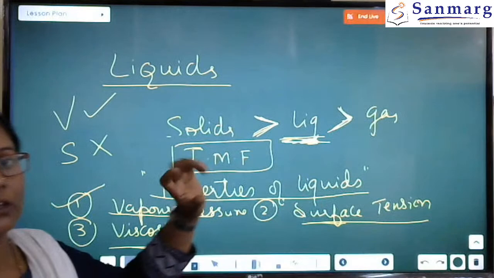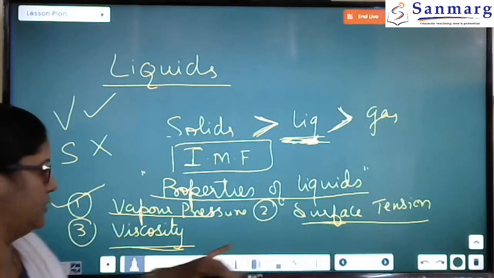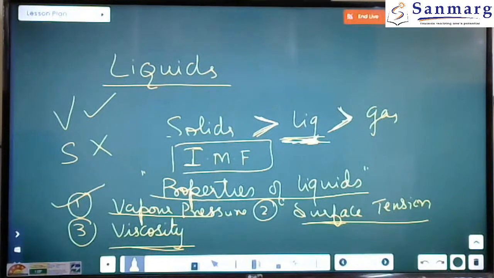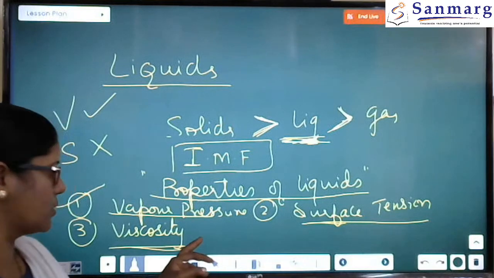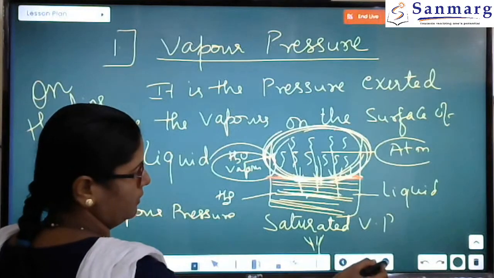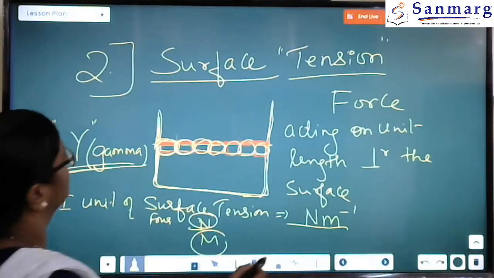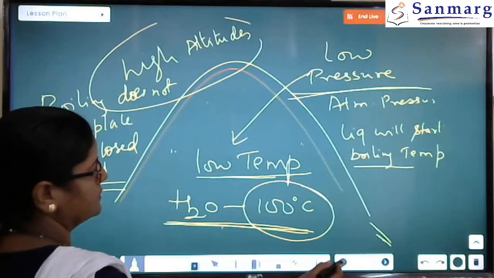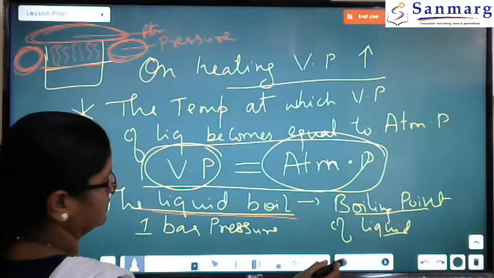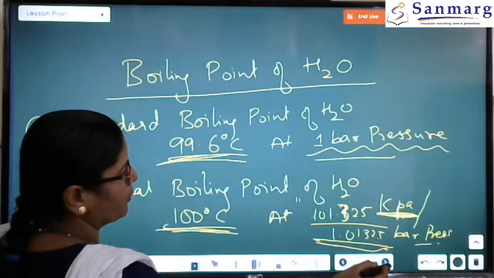Surface tension is a force. Tension means force acting per unit length perpendicular to the surface. What is viscosity? It is the measure of resistance to the flow of liquid. Okay, the SI unit of vapor pressure, we have not written, I think.